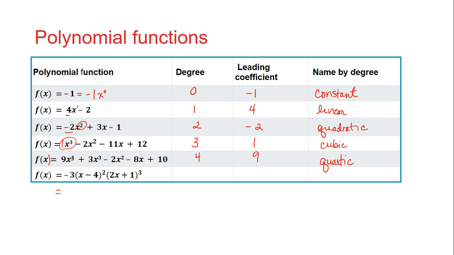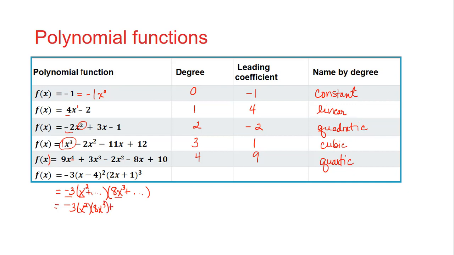So this would be equivalent to -3, and then if we applied the square, we would get x squared and something else. I don't really care what that something else is right now. And then 2x plus 1, when we cube the 2x, we would get 8x cubed plus something else there. And so when we multiply this out, we would multiply those leading terms of each of the factors to really get -3 times x squared times 8x cubed.